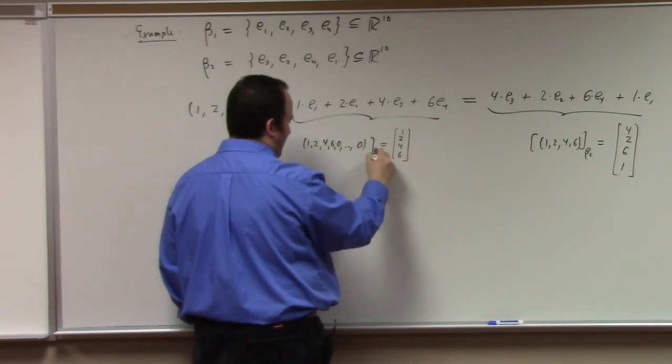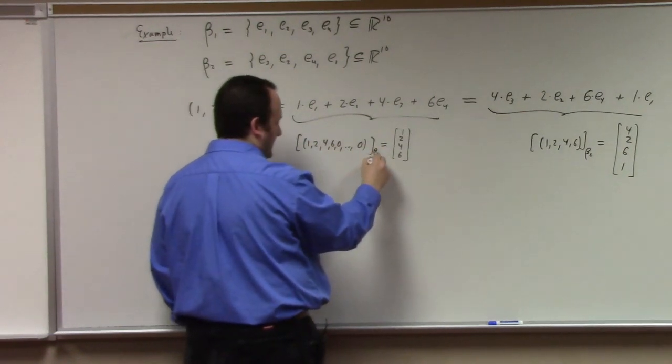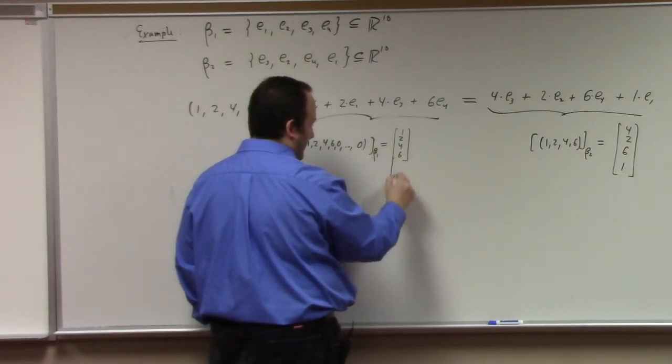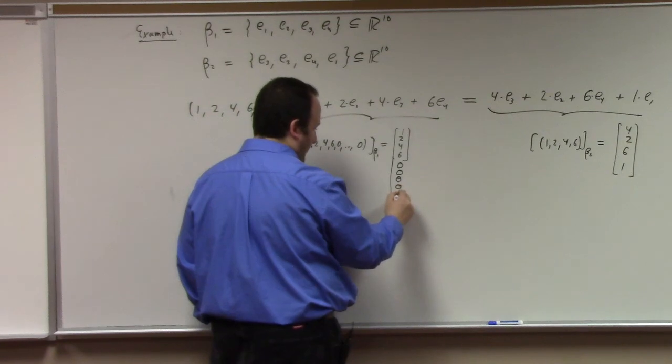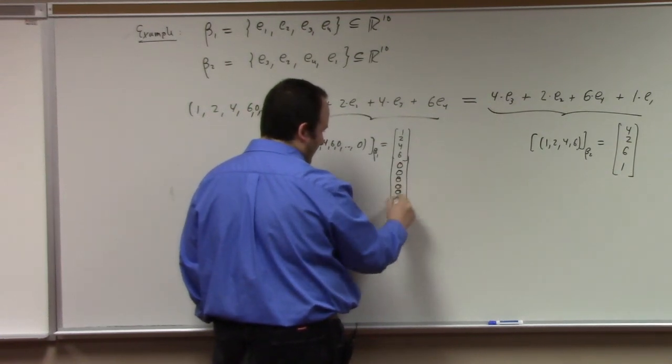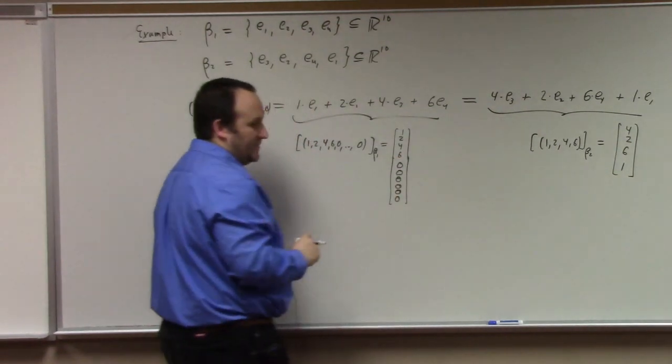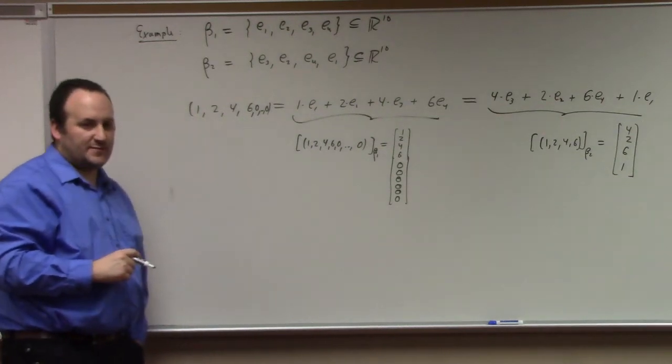I'm too lazy to write all the zeros here. I guess I'll manage over here: 1, 2, 3, 4, 5, 6. So this is a 4-dimensional subspace of a 10-dimensional space.